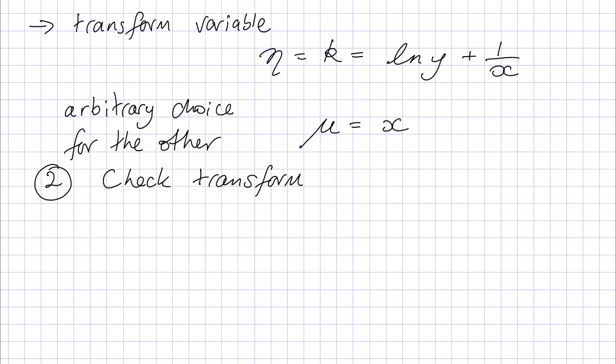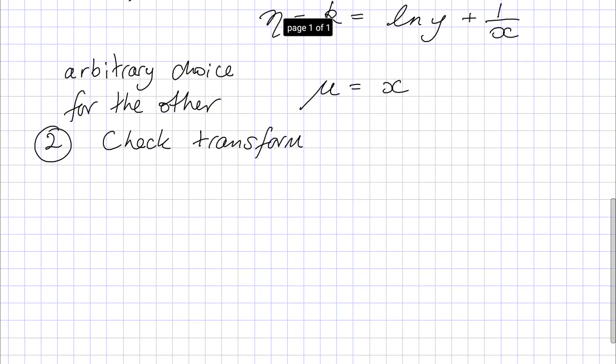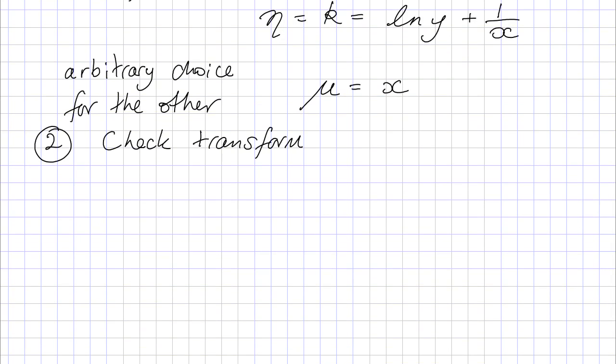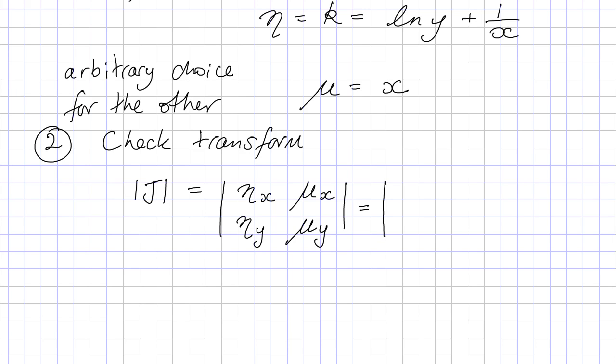So check transform, and we do that by looking at the Jacobian, or the determinant of the Jacobian. So this is the determinant of the matrix d eta by dx, d mu by dx, d eta by dy, d mu by dy. So we have to go through and work out all of these derivatives now.